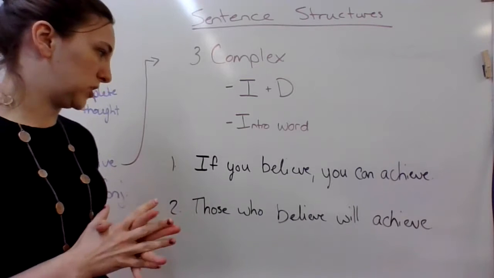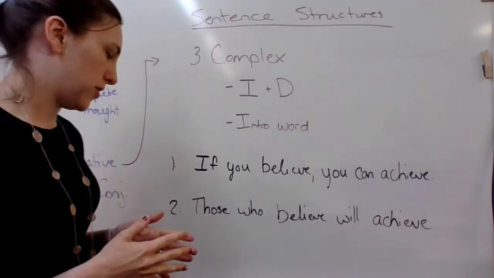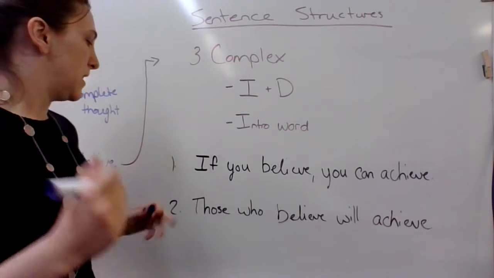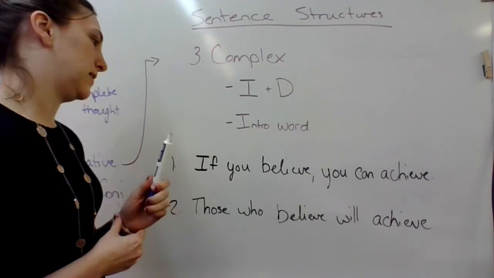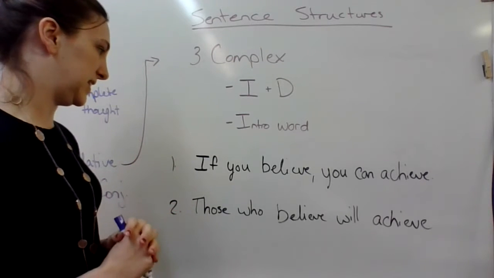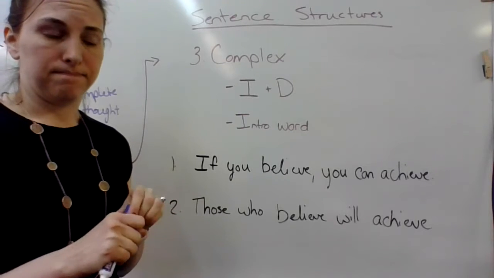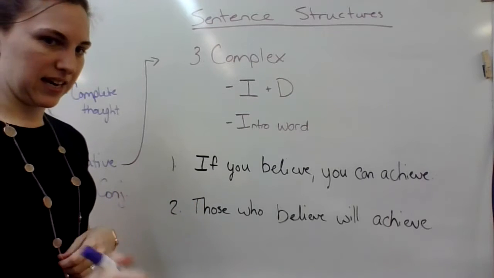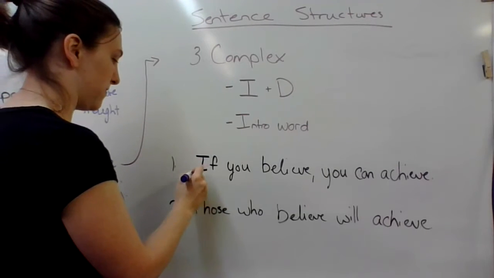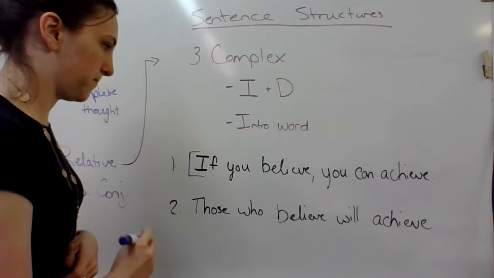I've just got 2 very easy sentences here. They're almost exactly the same, but they have an independent clause and a dependent clause in them. In number 1, if you believe, you can achieve. It's just a very easy sentence. It has an introductory word, a subordinating conjunction. It is the word if. That is the subordinating conjunction, so I'm going to start it right there.